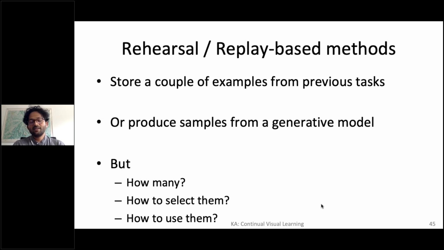An alternative could be, instead of storing the samples directly, to have a generative model that will generate these samples. But then there are important questions of how many of these samples you want to store, how you select them, and how you use them.